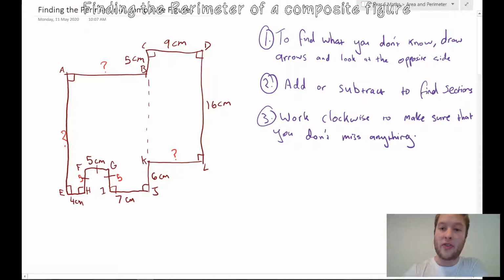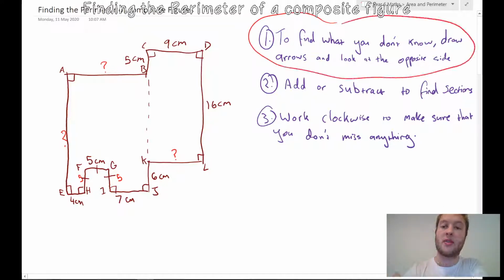My first step or strategy that I would like to show you is use your pen or your piece of paper or pencil, whatever you're using, to draw arrows to help you.